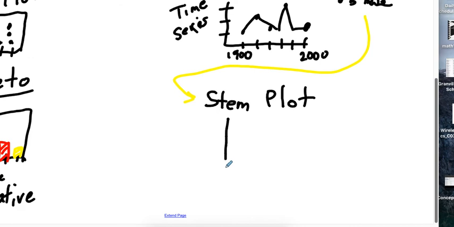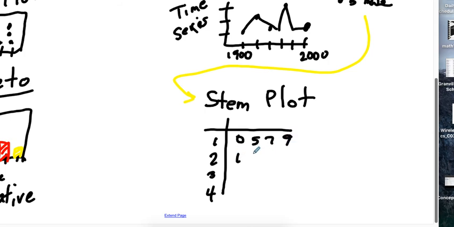You're going to have a line and another line. And we're going to have 1, 2, 3, and 4. And then maybe we'd have here 0, 5, 7, 9. 1, 1, 5, and 1 and 9.